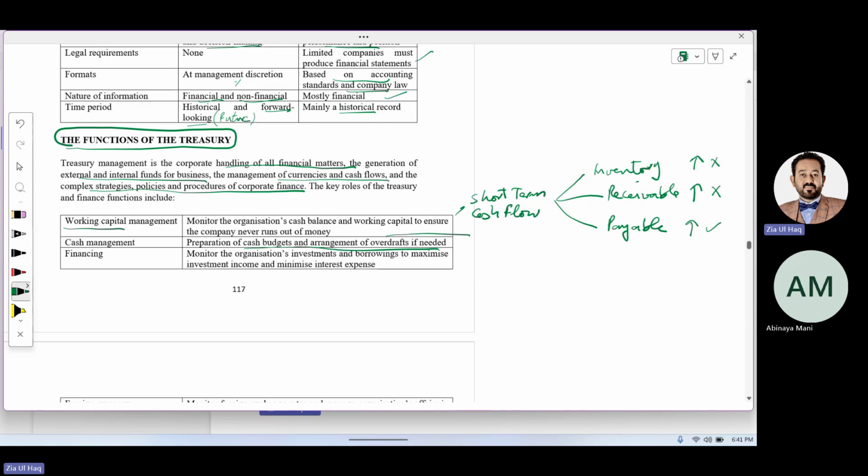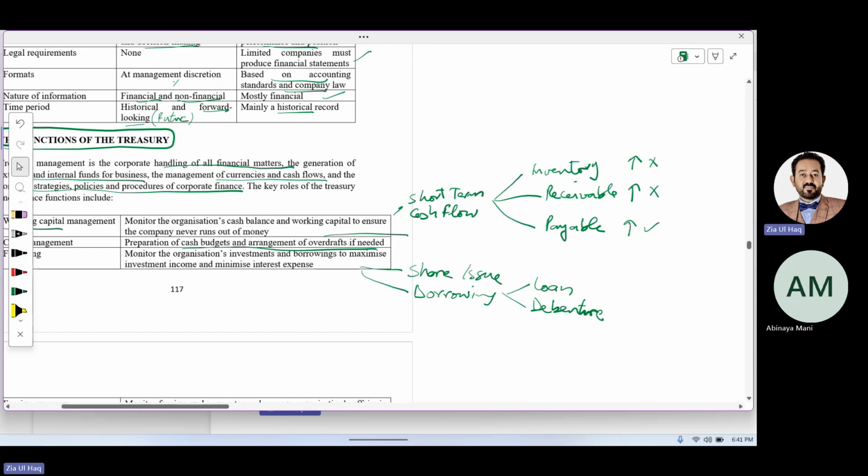Financing decision, business need to manage how business need finance, from where business can take finance either by shares issue, or business can take finance through borrowing. Borrowing means through loan or through debenture. What is share? It's a piece of paper that business issue to shareholder and take the money.